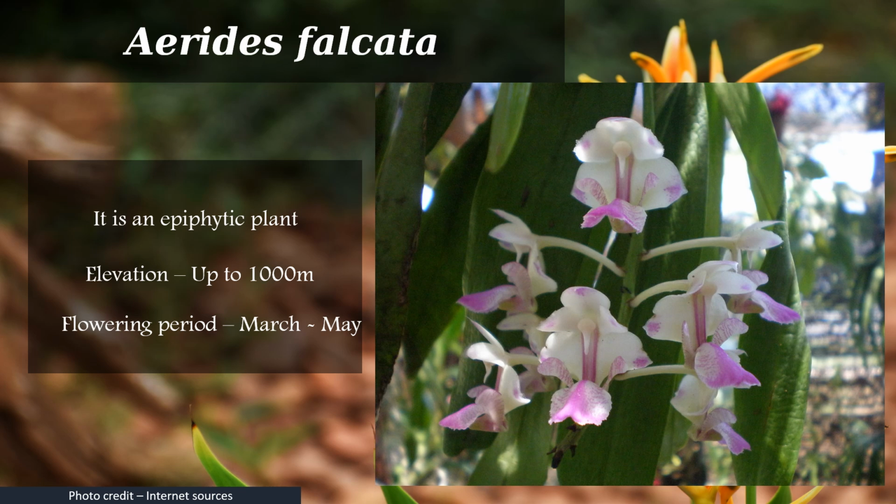The lip is movable and spurred. These are all the morphological features of Aerides falcata. The elevation is mostly up to 1000 meters, and the flowering period is from March to May. Let's move to our next Aerides species.